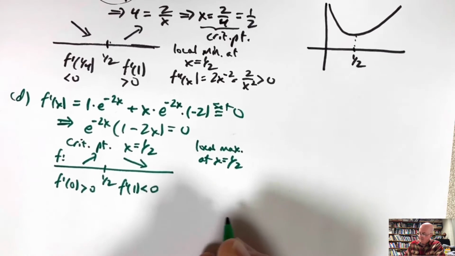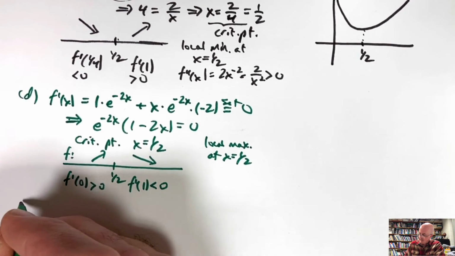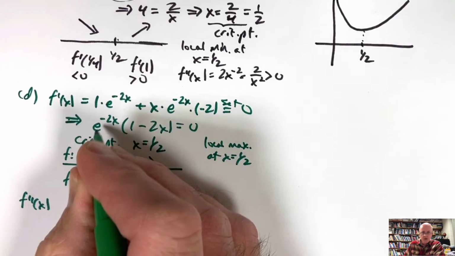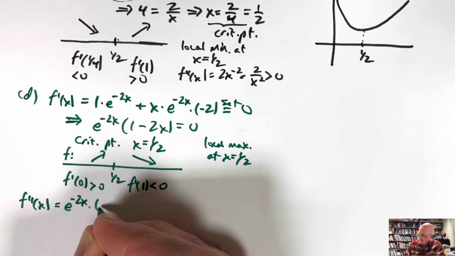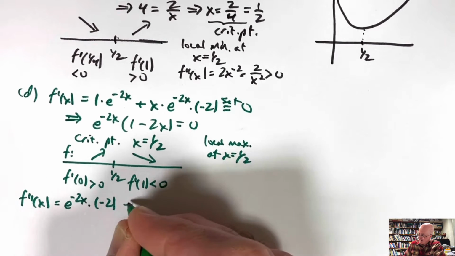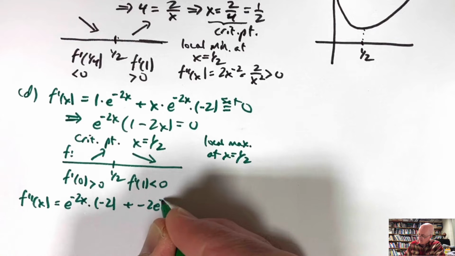What about the second derivative test and finding inflection points? The second derivative, if I differentiate this thing, I'll get, again with the product rule, that term and also this term.